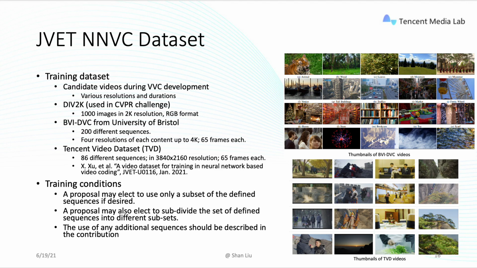And in January meeting this year, another video dataset was contributed to JVET neural network-based video coding exploration in document JVET-U0116, which contains 86 different sequences in 4K resolution, original resolution, and some thumbnails or snapshots from these video training datasets are shown in this page, just as examples.